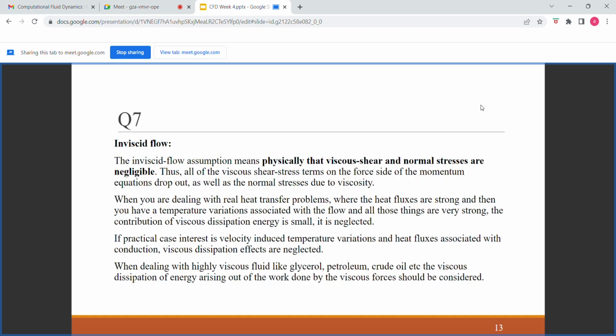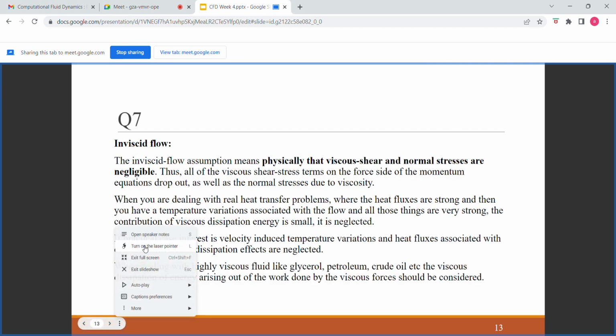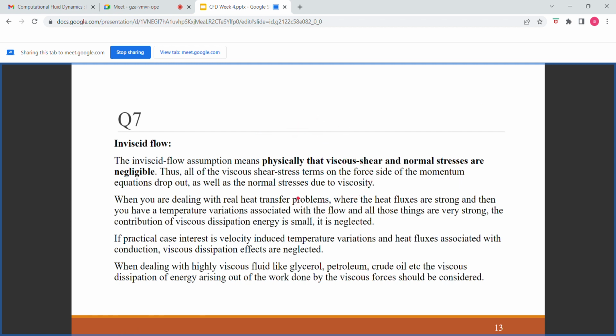So basically when we are dealing with real heat transfer problems where the heat fluxes are strong and we have a strong temperature variation associated with the flow, the viscous dissipation energy is very small, so it is neglected. In more general terms, for any practical case of interest with velocity induced temperature variation and heat fluxes, we can neglect the viscous dissipation effects.